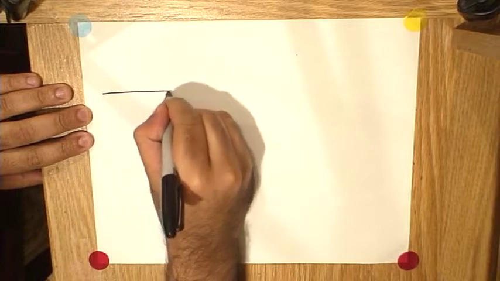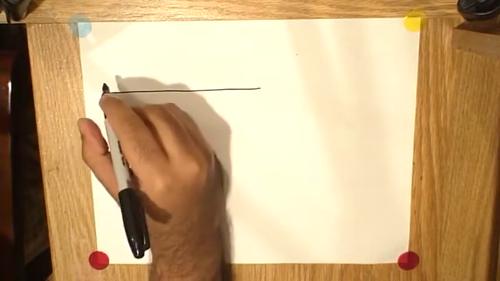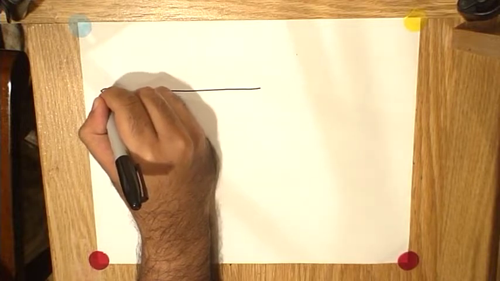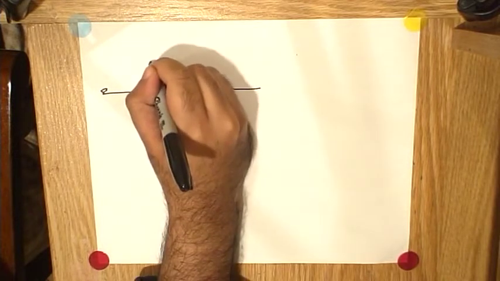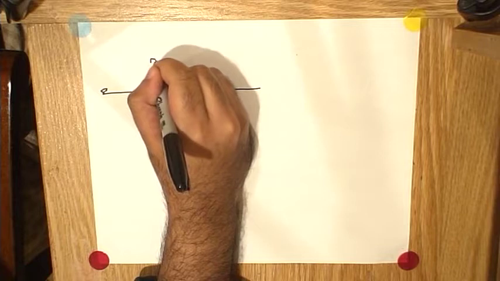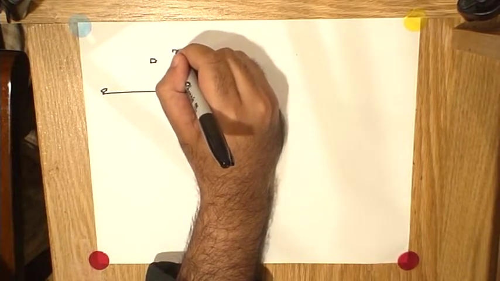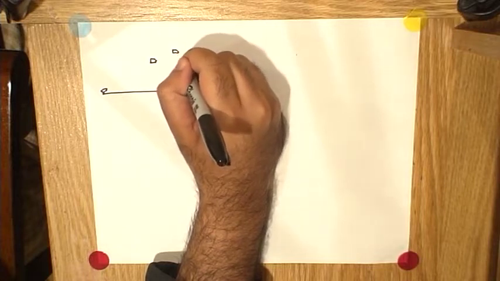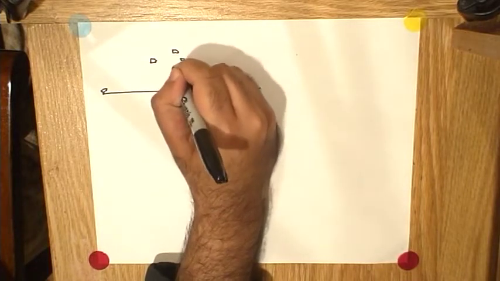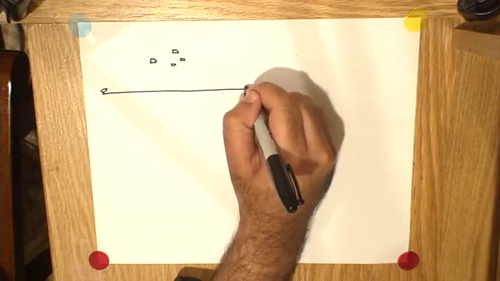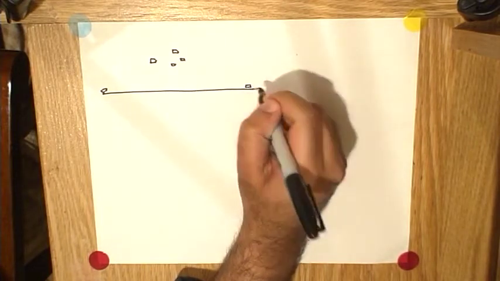In this question, we have a shell which is going to be launched off of the ground, which is going to reach its peak and then explode into three fragments. One of the fragments is going to land somewhere over here.